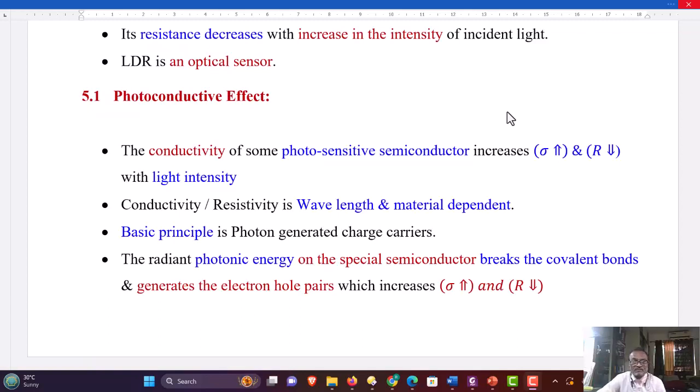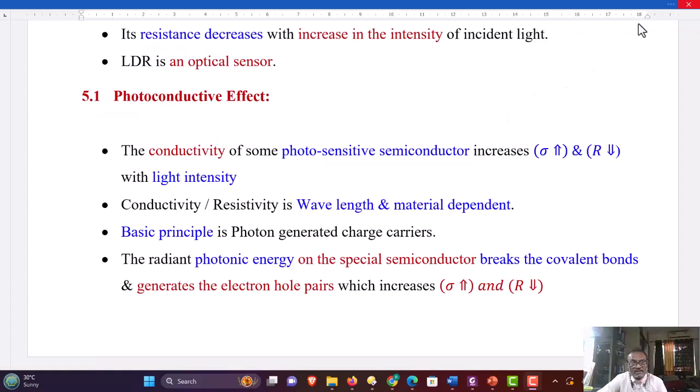Therefore, in photosensitive semiconductors, when light falls on the material, its resistance is decreased, that is, conductivity is increased. The change in this conductivity is proportional to the light intensity incident on the photoconductive material.